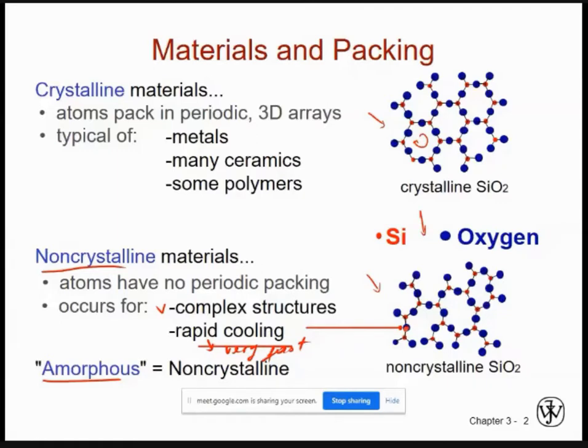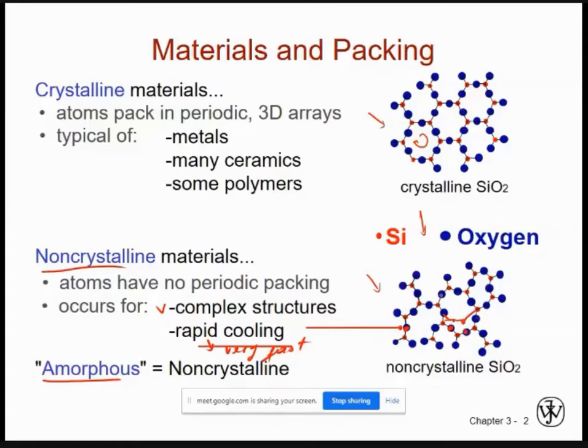It did cool, its energy decreased, so it doesn't have the energy to move from here to here. In the same manner, it should have this kind of shape to be a perfect hexagonal, but this atom is stuck here instead of here. This one is stuck here instead of here.